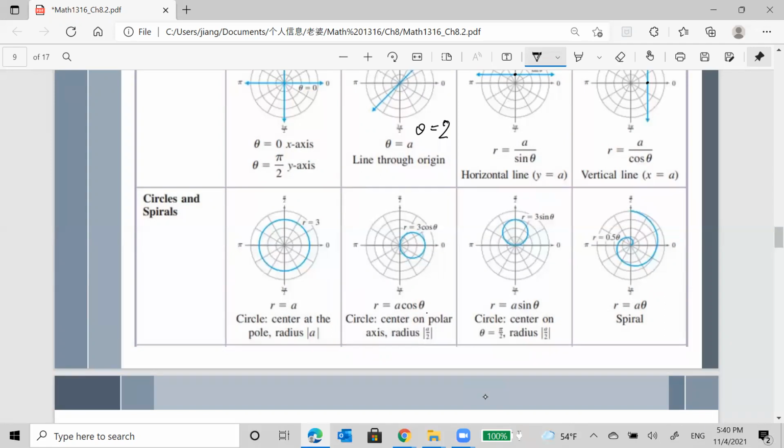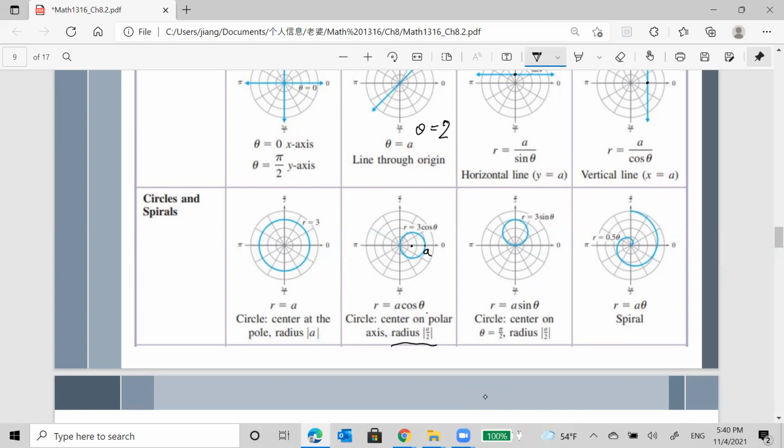So this point is a, and the center should be absolute value of a over 2. Oh, sorry. For this one, a is positive. Here is a over 2, and the radius is absolute value of a over 2. And this one is sine. So for the cosine, the center is on the polar axis.